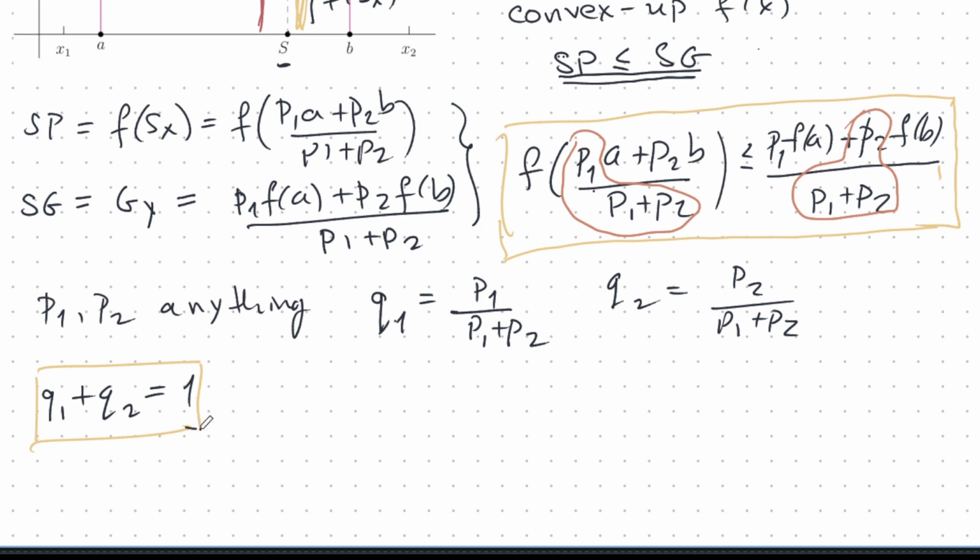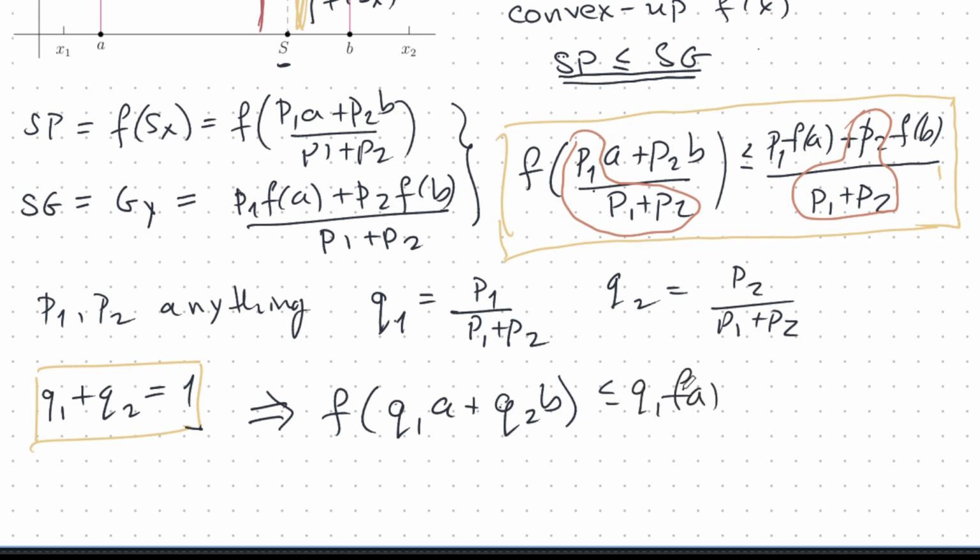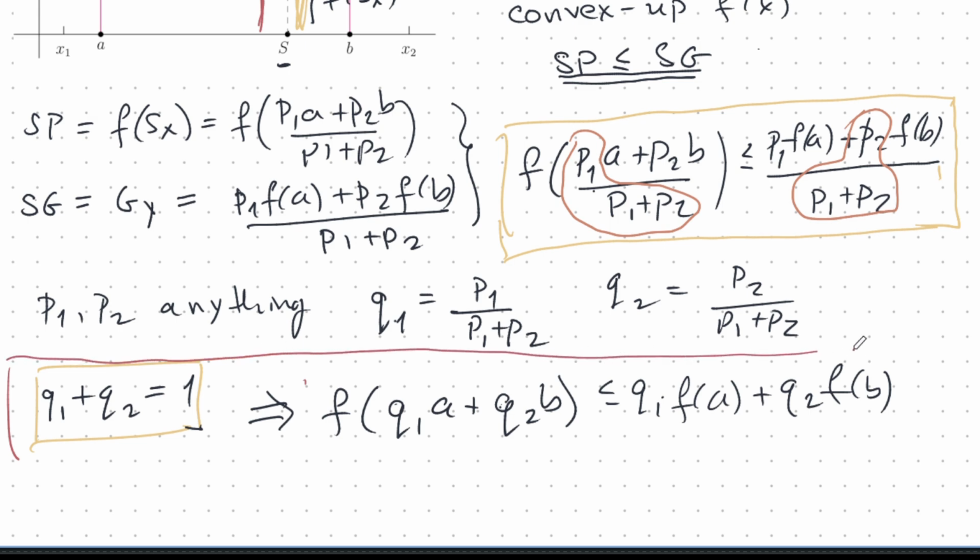So if I choose Q1 and Q2 so that they add up to 1, I now get f of Q1A plus Q2B is less than or equal to Q1 f of A plus Q2 f of B. And that is Jensen's inequality, with the condition that Q1 plus Q2 is 1.